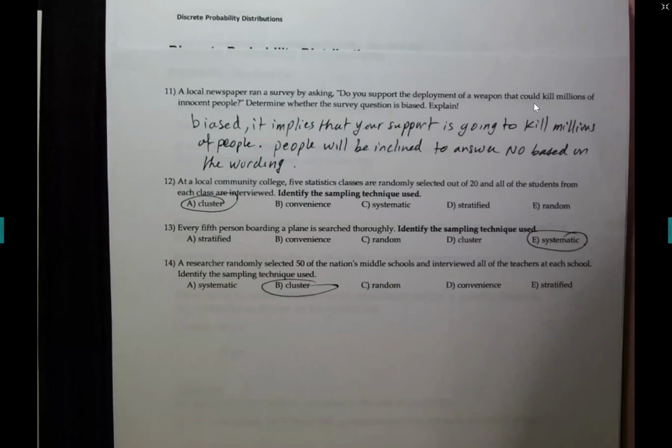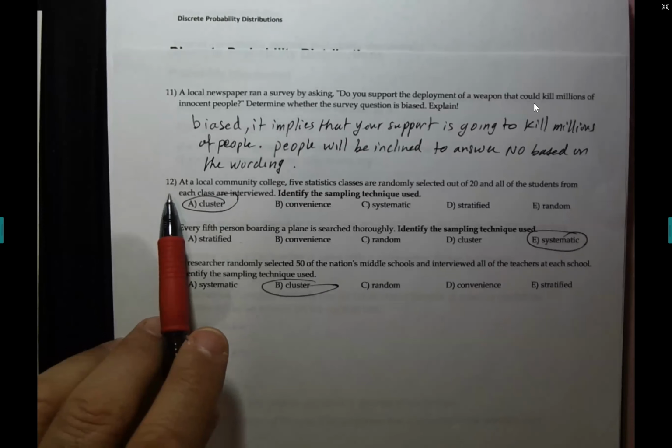So that is biased. If I wanted to reword this question, I would just ask, what do you think about supporting deployment of weapons? Without mentioning that it can kill innocent people, because right away if someone tells me this is going to kill innocent people, I'm going to tell them no, regardless of the reason they're asking me.